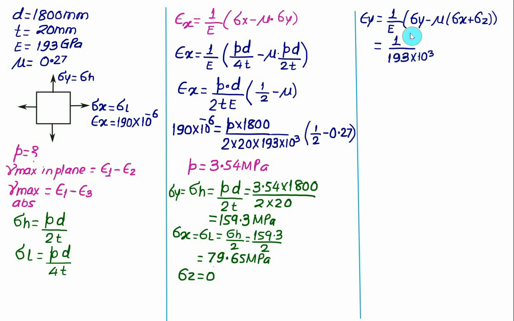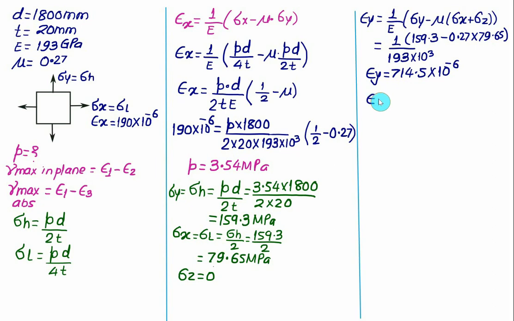In the numerator we have sigma y equal to 159.3 minus mu, which is 0.27, multiplied by sigma x equal to 79.65, and sigma z equal to 0. Solve this, you will get epsilon y approximately 714.5 into 10 to the power minus 6.